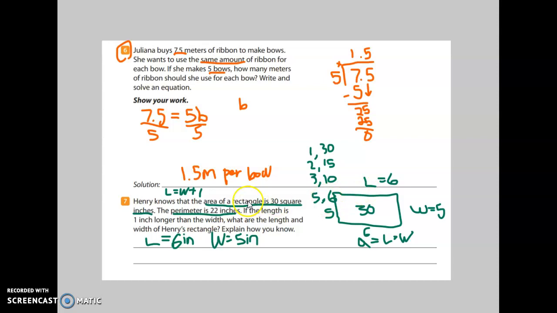And we know that 5 plus 1 equals 6, which is what the problem tells us, that the width plus 1 is equal to the length, so that part makes sense. And when you add 5 plus 6 plus 5 plus 6, you get 22. So it meets all three of the criteria that are given in the problem.